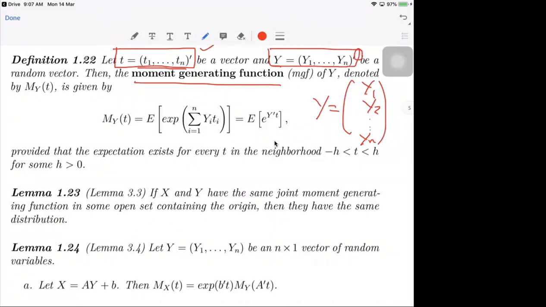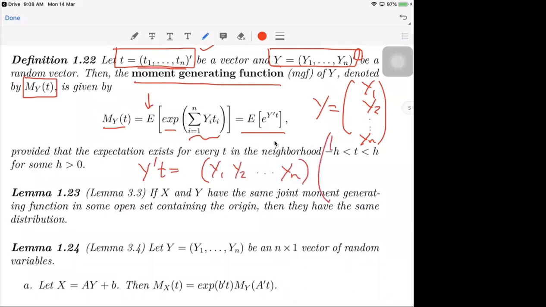So these are random vectors. Then the moment generating function of y, denoted by M_y(t), is the expectation of the exponential of the summation of y_i t_i, i from 1 to n, or equivalently, you can write it as the expectation of e to the y prime t. So y prime t is y1, y2, to yn, and your t is t1, t2, to tn.